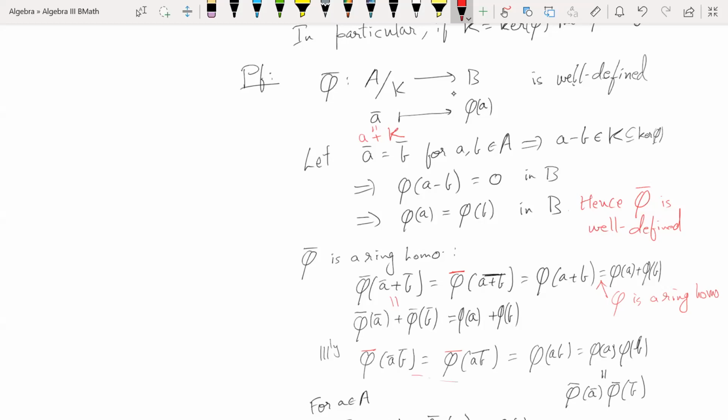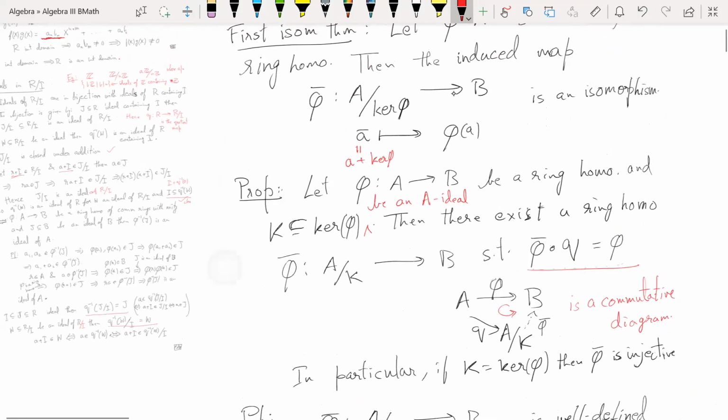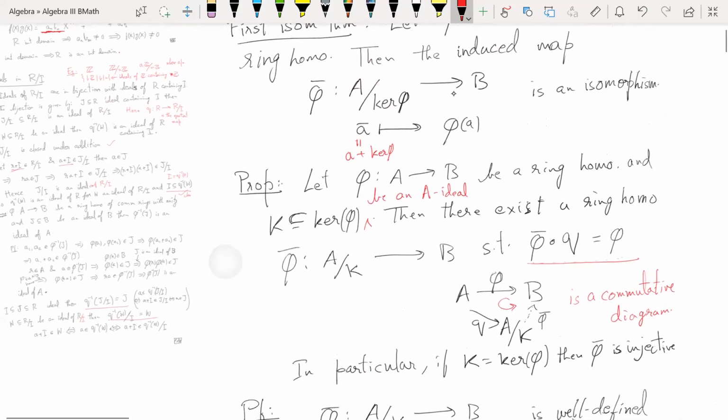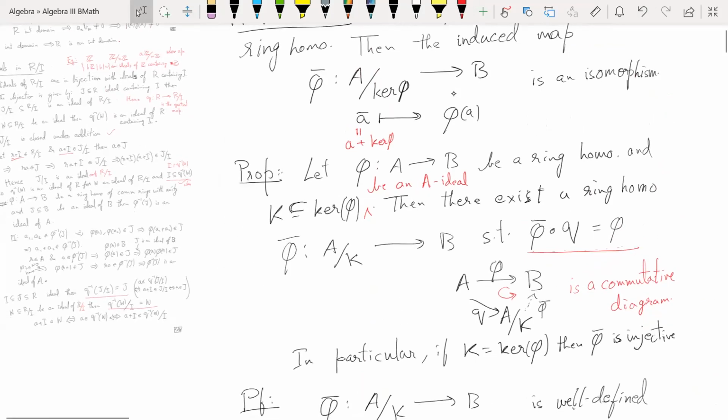So we get that these two are equal. Yeah. Which proves that phi bar is indeed a ring homomorphism. So we have shown the existence of a ring homomorphism from A mod K to B. Yeah. So that's what we have done so far.